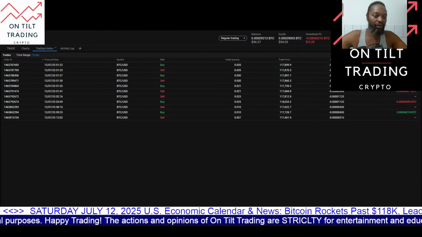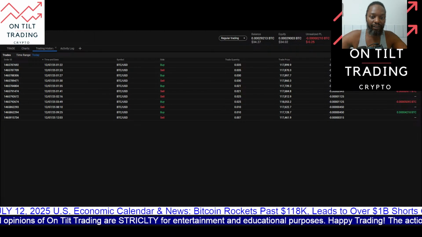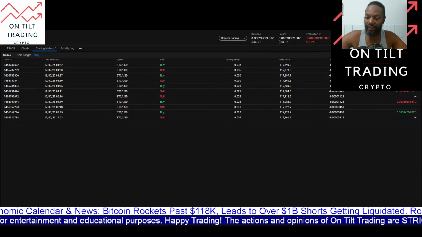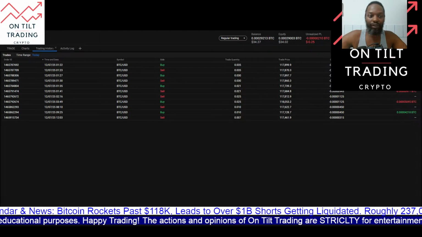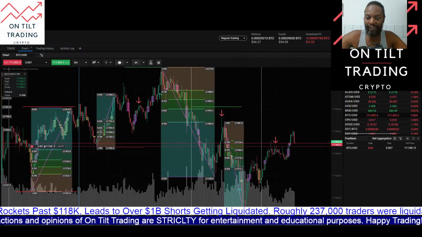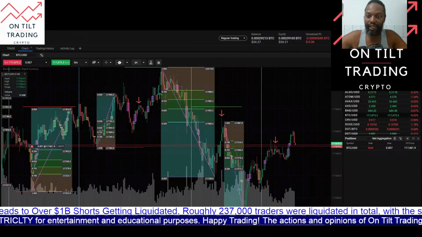So right now in the New York PM session, with just this sell position on, I reduced my size. That way I can reduce my drawdown as I am gaining competency in this silver bullet methodology.